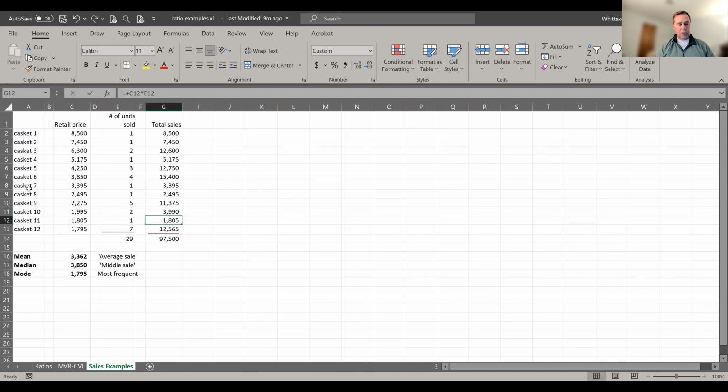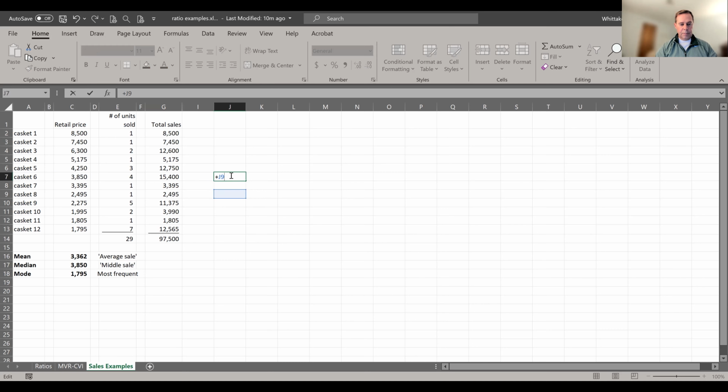Now when we're trying to figure out the median, we have to use numbers 6 and 7. We have to add the two of them together. So in the example over here, let's try it again.